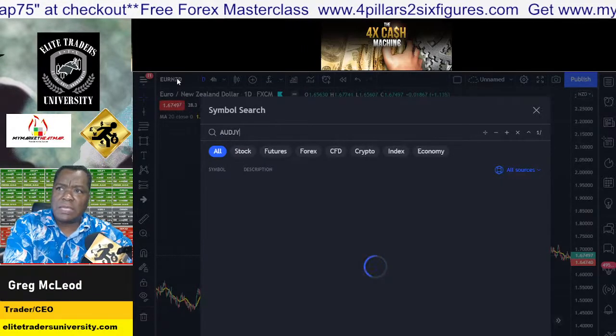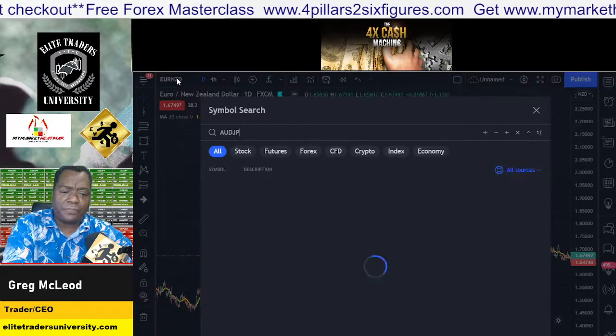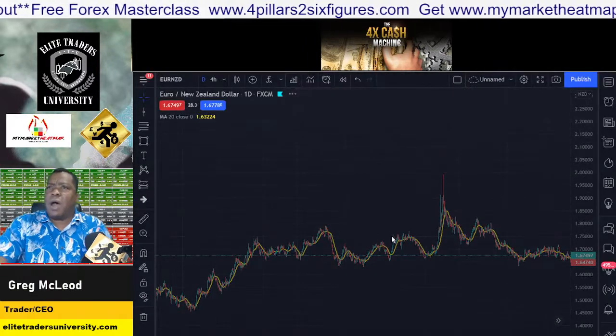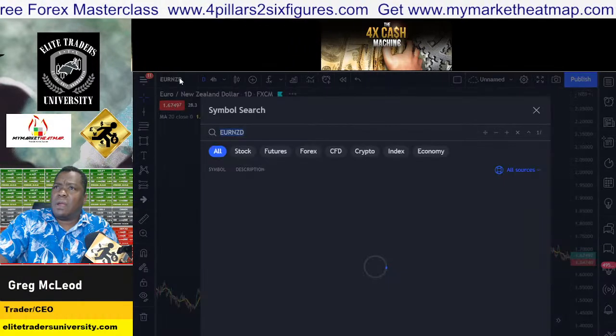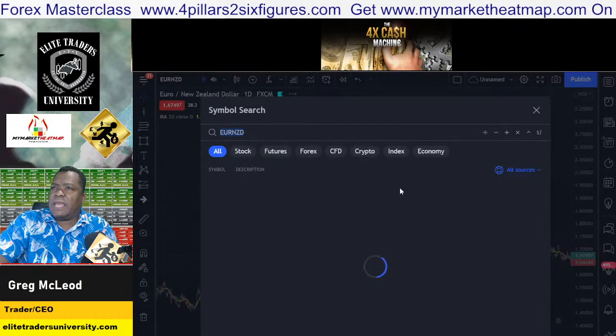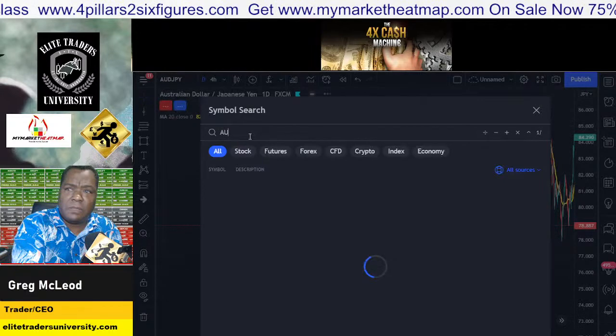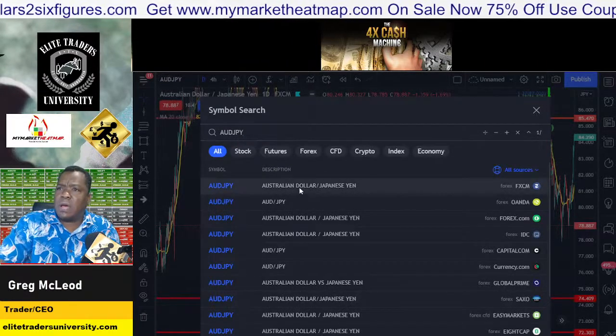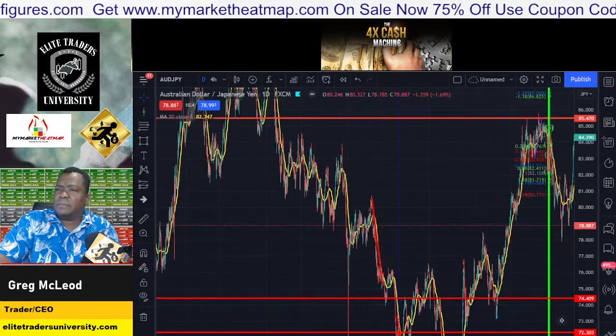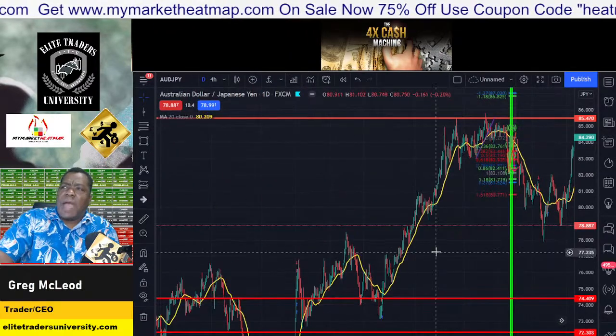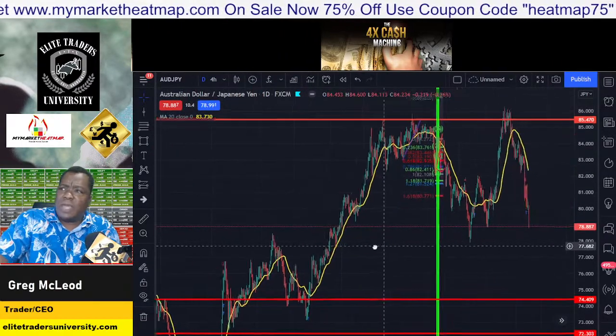So like Aussie yen, if you didn't want to trade Aussie dollar. Trading Aussie yen is like having your Aussie with a little wasabi. The Japanese yen is a little bit more volatile, and it rallies when things are good, and it drops when things are bad.